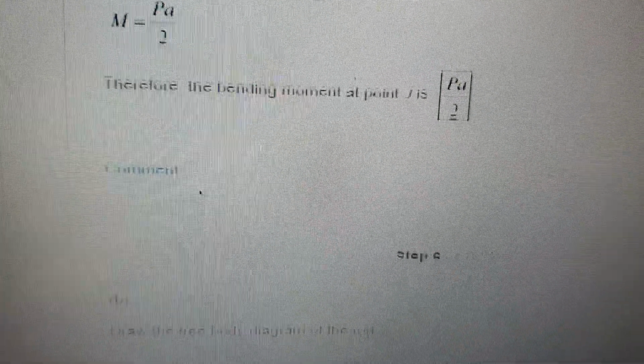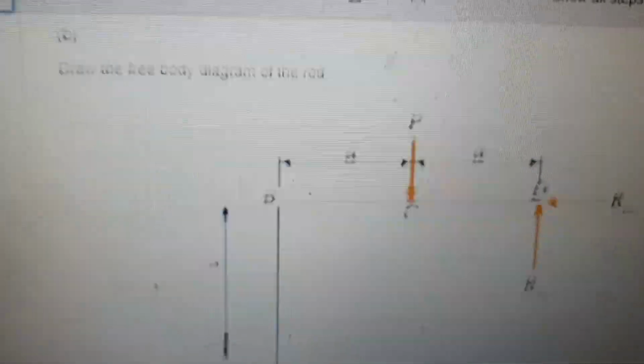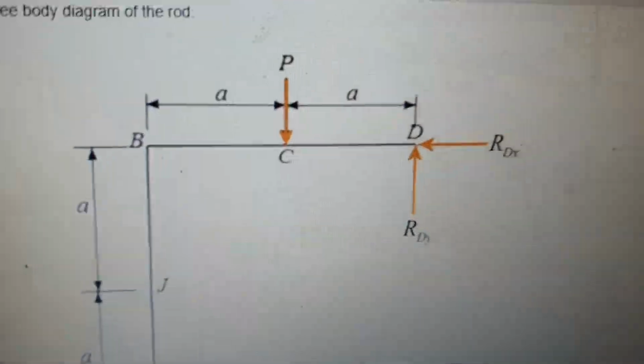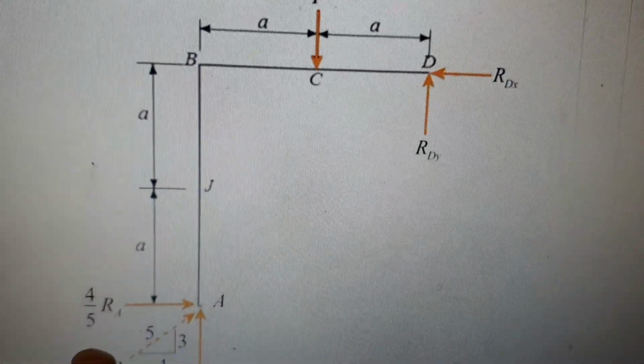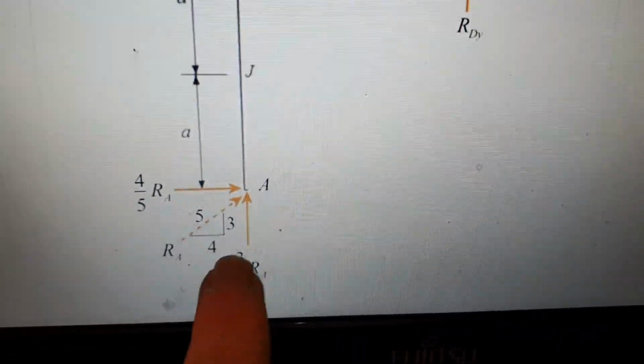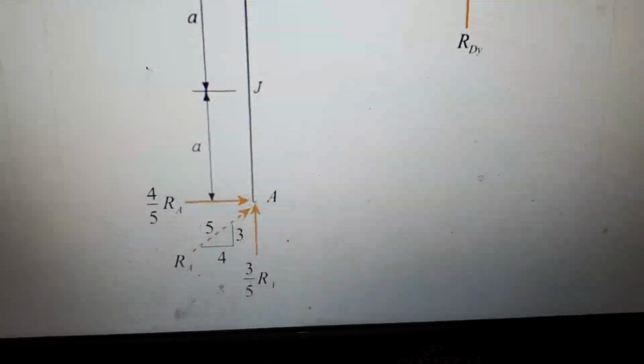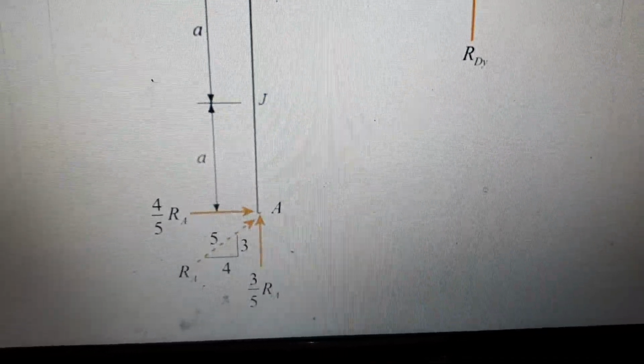So now let's do a free body diagram of the rod. You have P, you have RDX, RDY, and you have RA. Of course, there is this rod. Let's see the 3, 4.